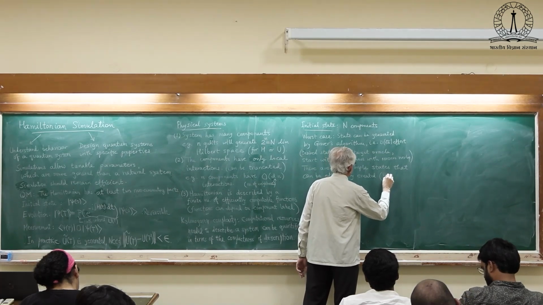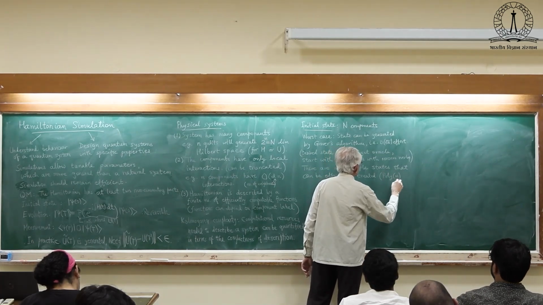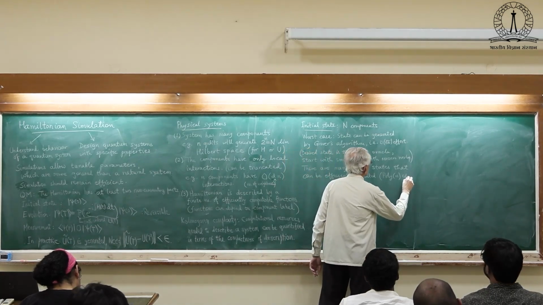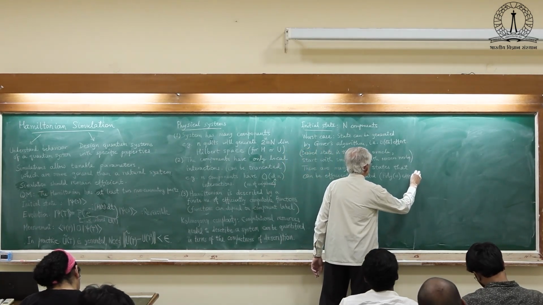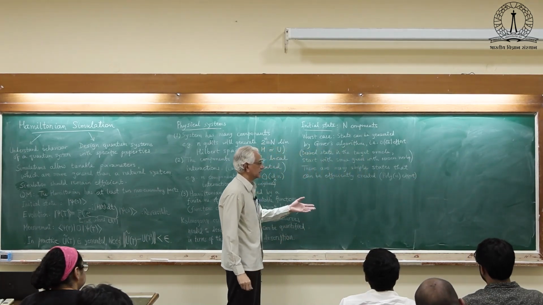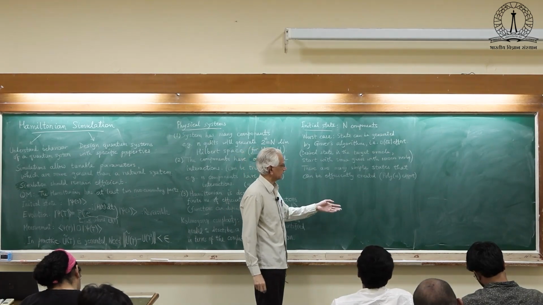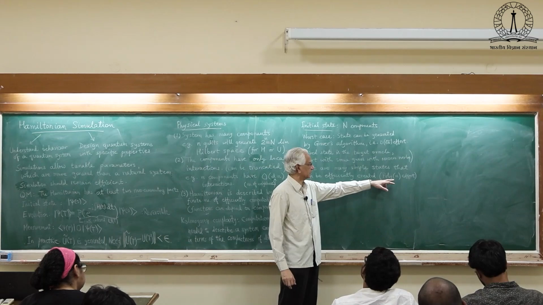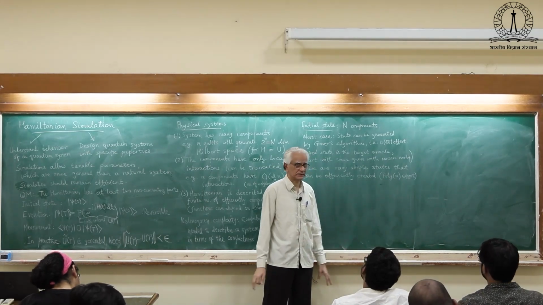Efficiently is some polynomial effort in the number of components. For example, the uniform superposition state can be created from everything equal to 0 by only applying n Hadamard gates.